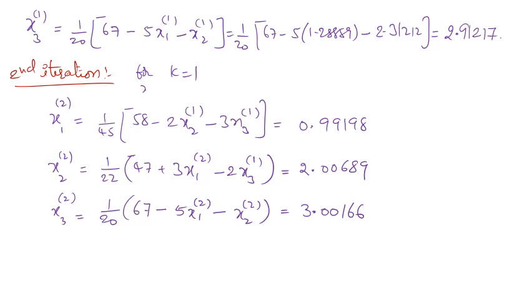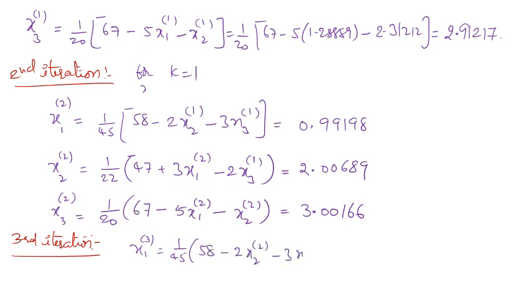Coming to the third iteration values. This is x1 at third iteration, 1 by 45 of 58 minus 2x2 at second iteration, minus 3x3 at second iteration, because the previous values are known here, and this value is 0.99958. Next one, x2 at third iteration is 1 by 22 of 47 plus 3x1.